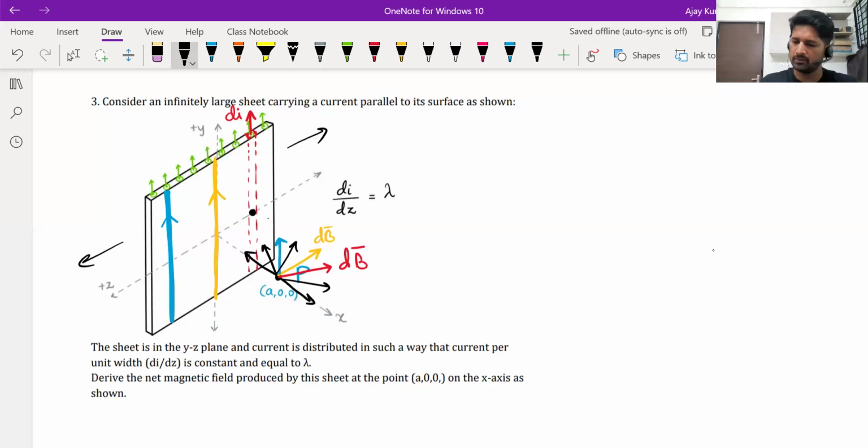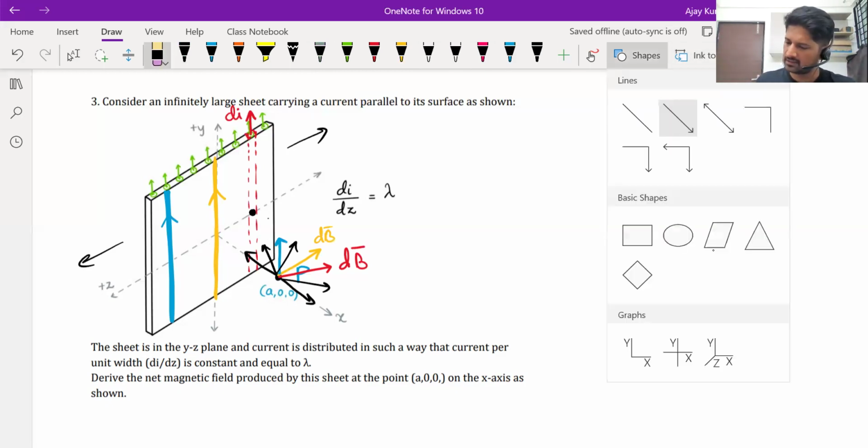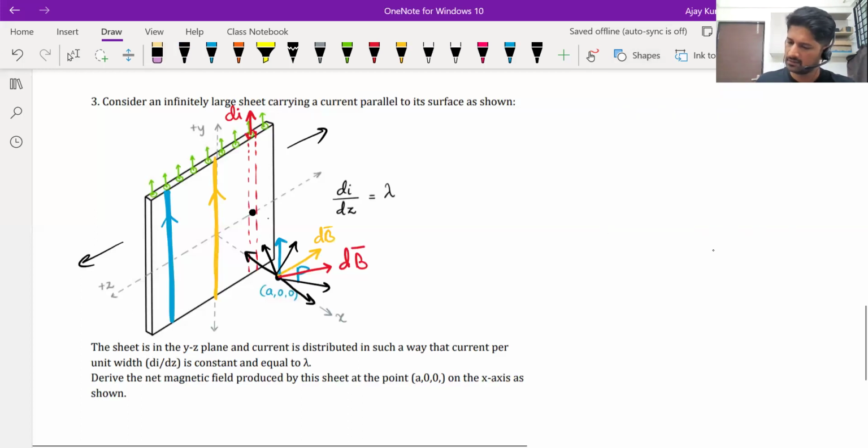Let us take the top view, it will become clear. If you look at this sheet from above, it appears like a straight line, but current is not flowing along that line. Current is flowing perpendicular to that line.